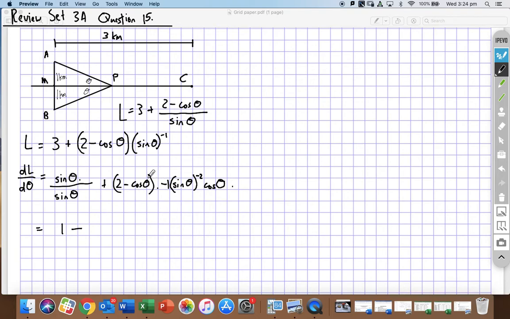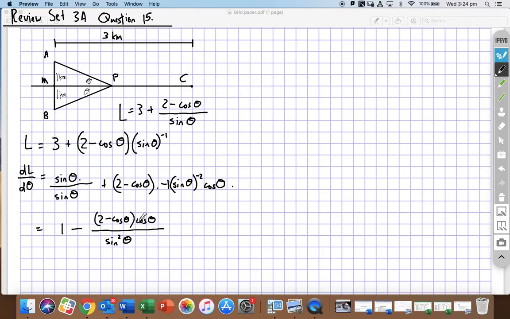now what ends up being on top of this? We'd have (2 minus cos theta) multiplied by cos theta divided by sine squared theta.